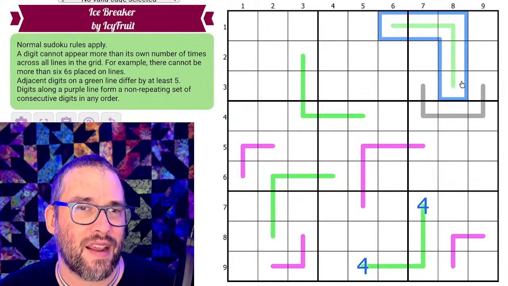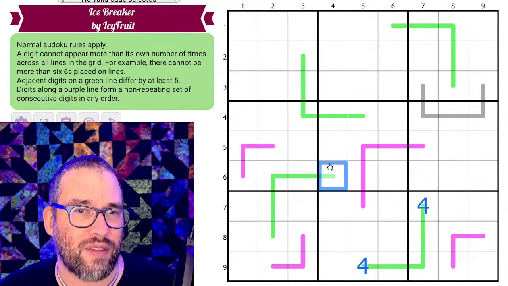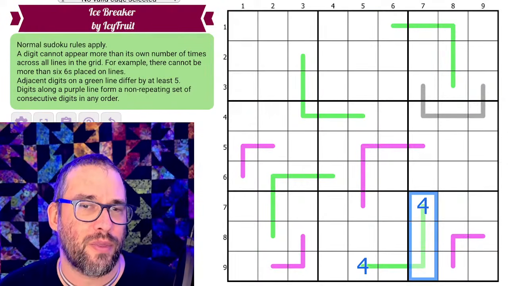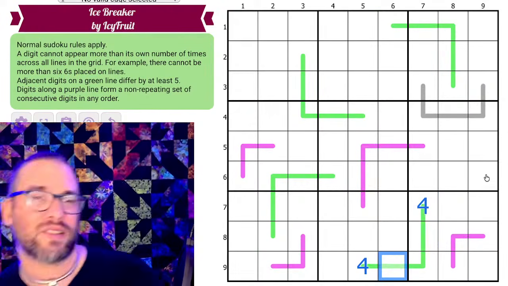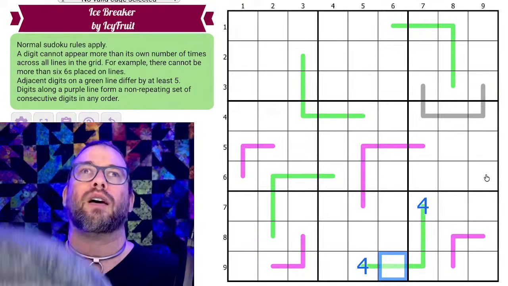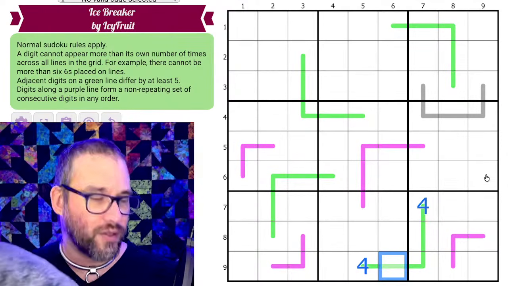Because this one can't have it, and both of these can't have it. So this one must, and we get to do it for dance. Oh, Zach is trying to remember the four dance.